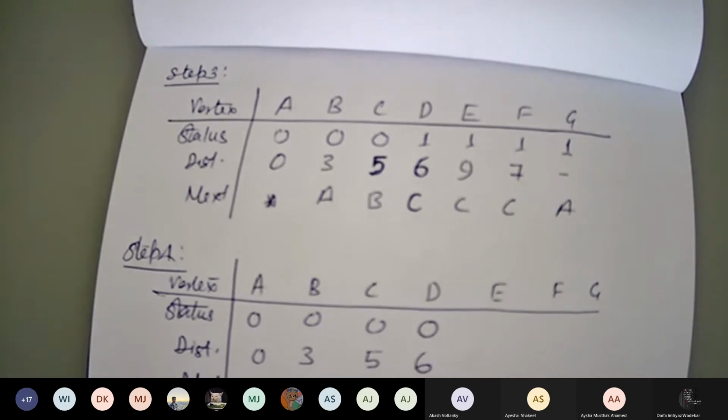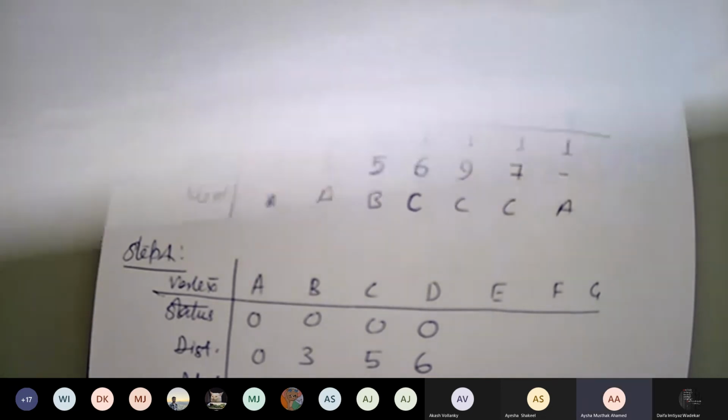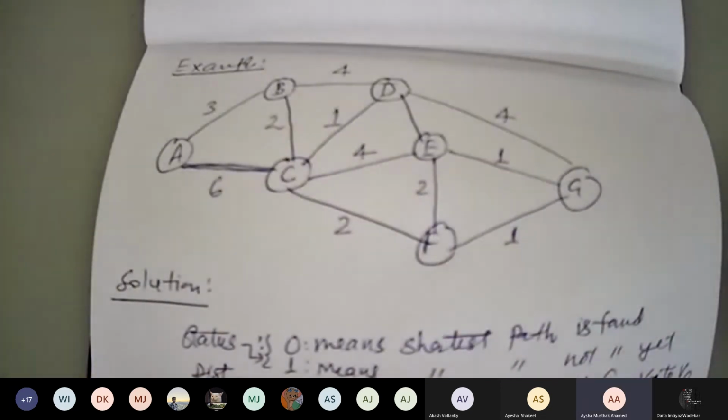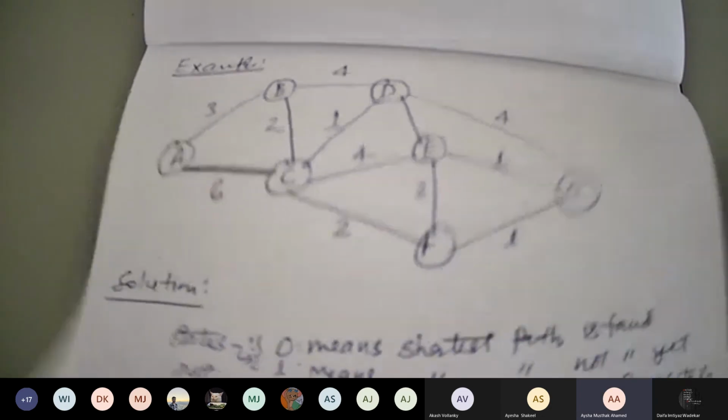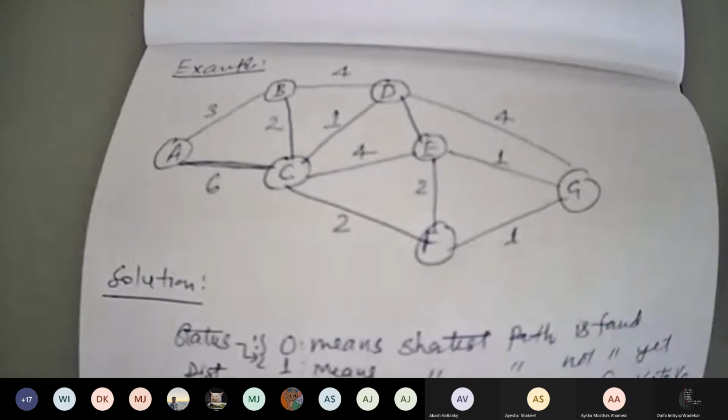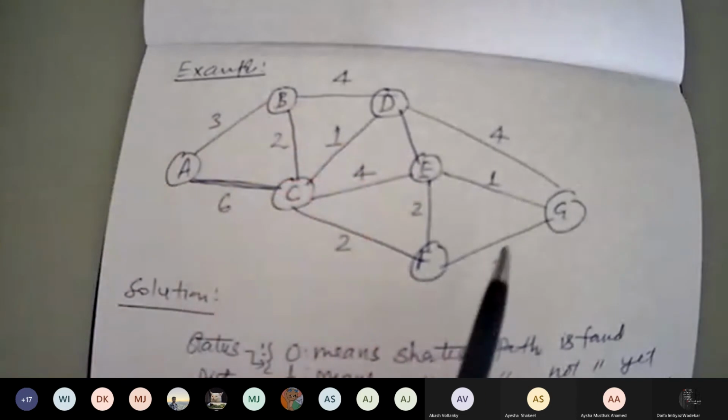Okay. Now from D, how many places are you reaching? 2.